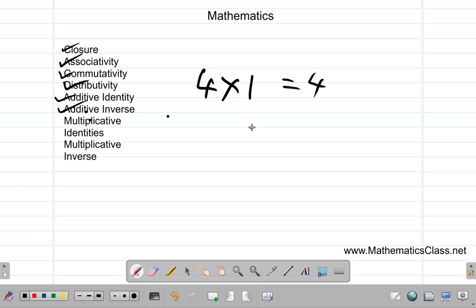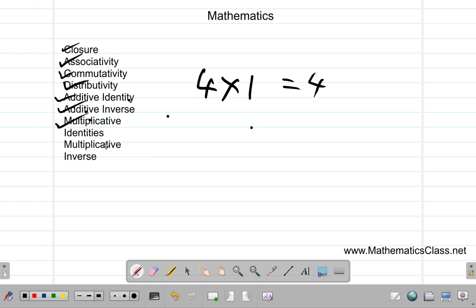When you multiply a number by it, what you get is the same number, the identical number, right? So the multiplicative identity is 1. If you multiply a number by it, you get back the identical number.